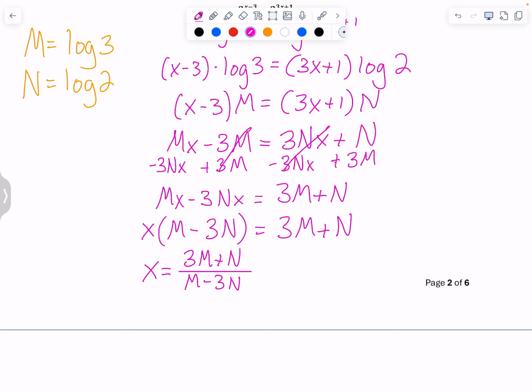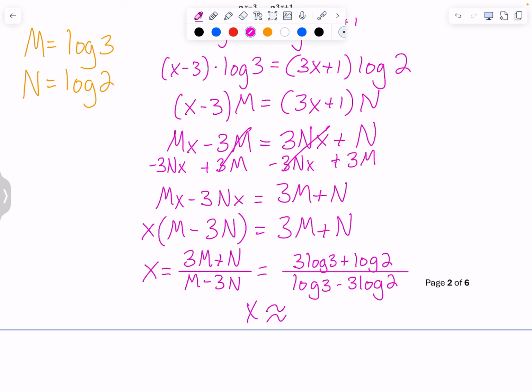So at this point, I go back and replace. So 3 log 3 plus log 2 over log 3 minus 3 log 2. So that's an exact answer.